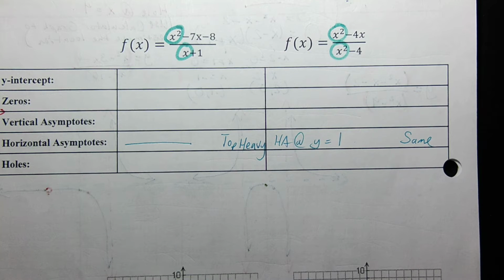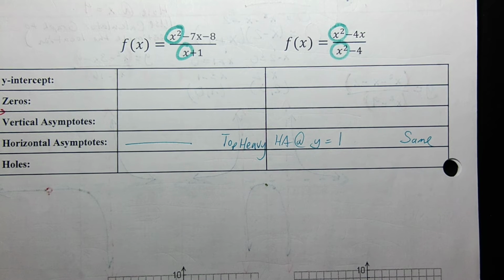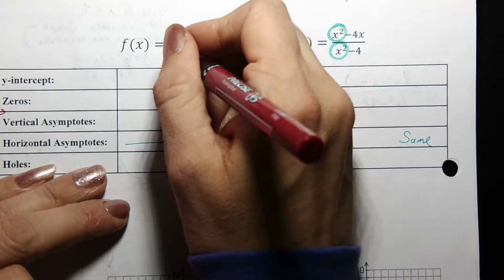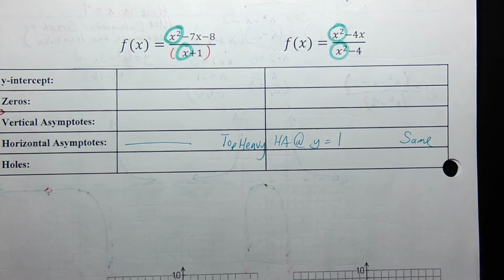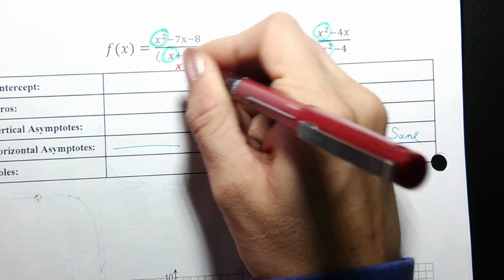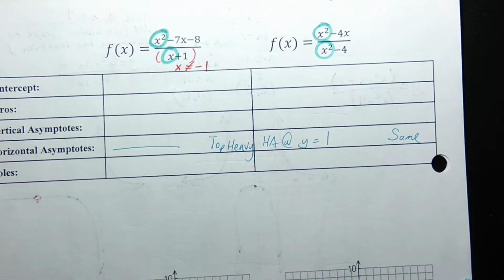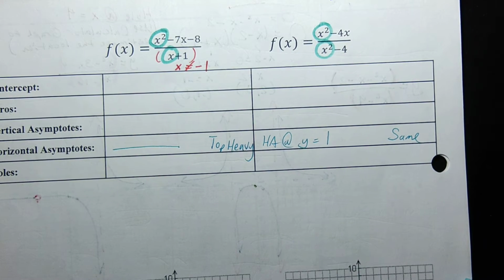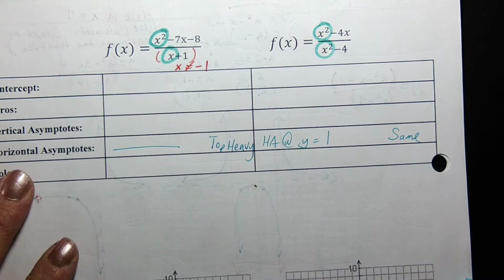Next, the restrictions. Now, looking at this first denominator, what is the one thing that x can't be equal to? -1. To determine if it's a vertical asymptote or a hole, we need to factor and see if that restriction factor will cancel out.